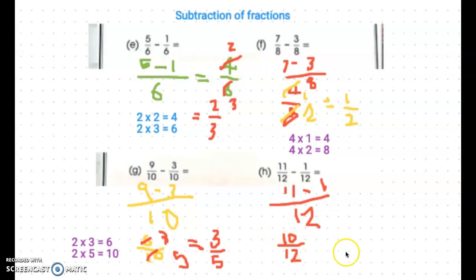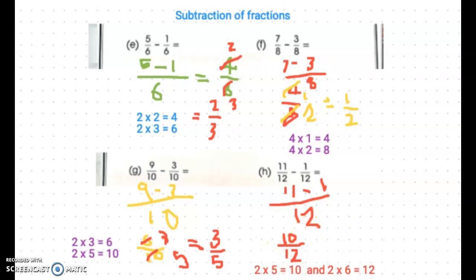But both of them are multiples of 2, right? So 2 times 5, I get 10, and 2 times 6, I get 12, isn't it?